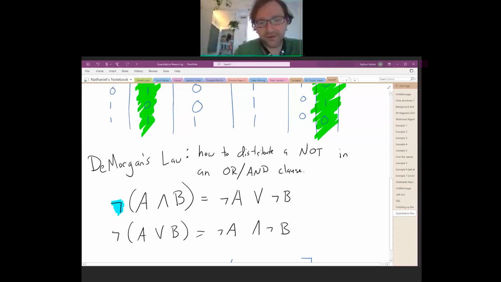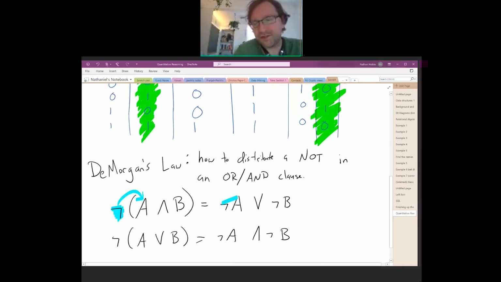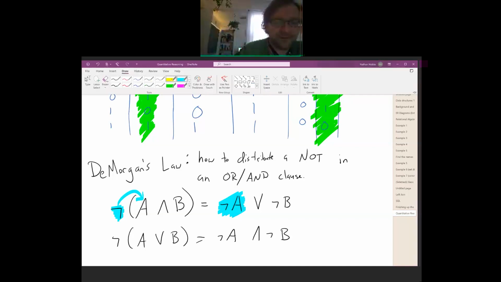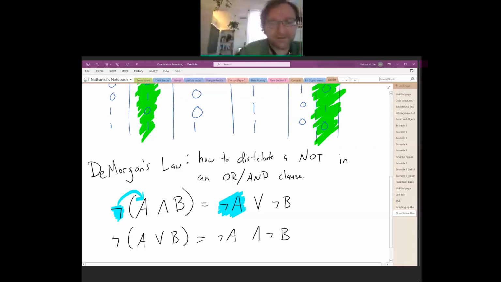What De Morgan's law is about is when you have this not, how do you distribute it? It's pretty easy when you're distributing it to a variable, right? Not applied to an A becomes not A. The notable thing is that for the operators, it has the effect of swapping them.